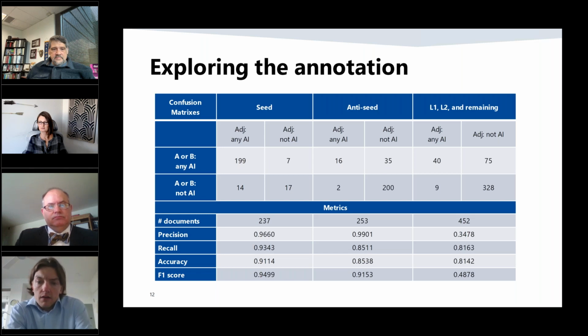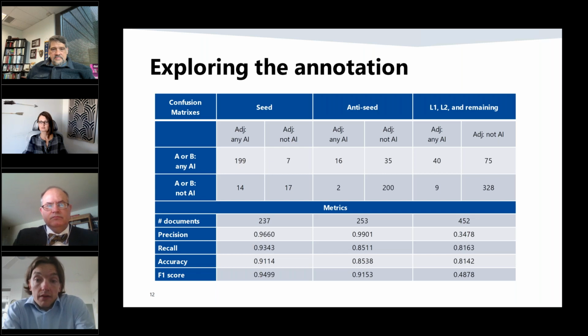So it's pretty low precision, about 35%. It indicates that a lot of these documents had to be adjudicated, and this appears to be a hard problem, even for highly skilled patent examiners that look at this stuff every single day.